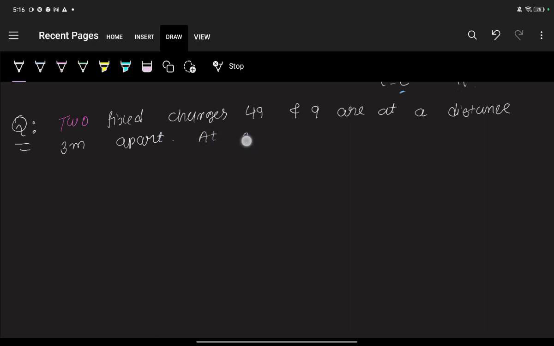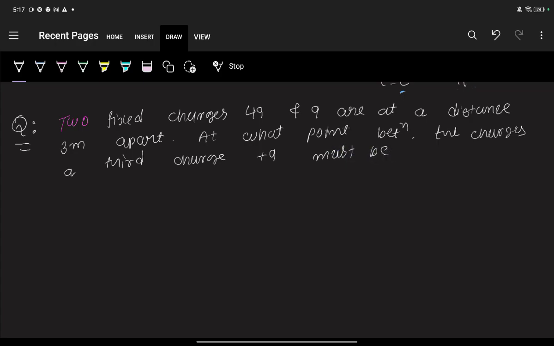At what point between the charges a third charge plus q must be placed to keep it in equilibrium? You want to try this one? Try it.